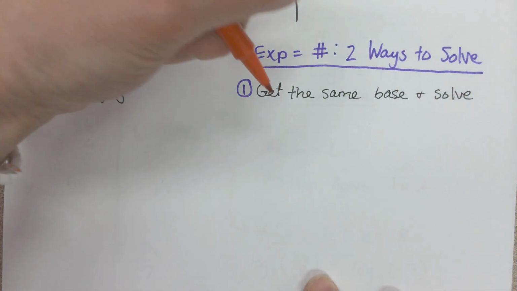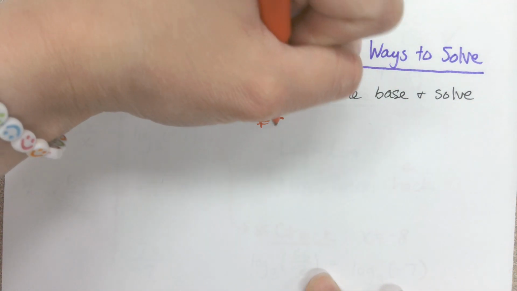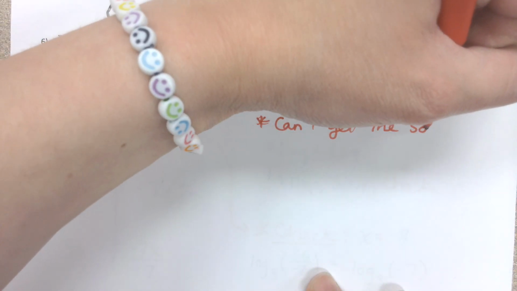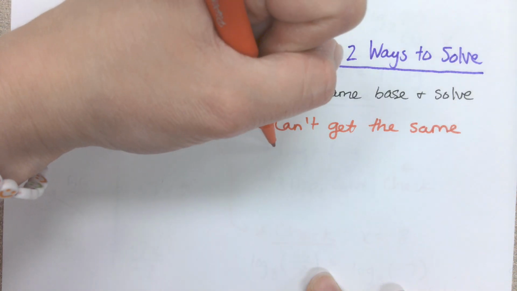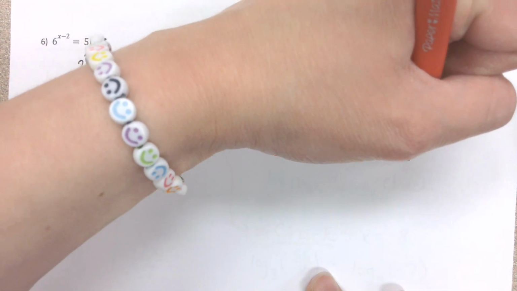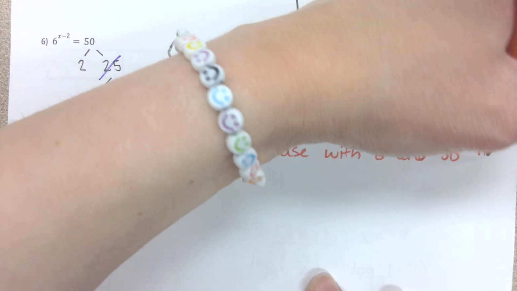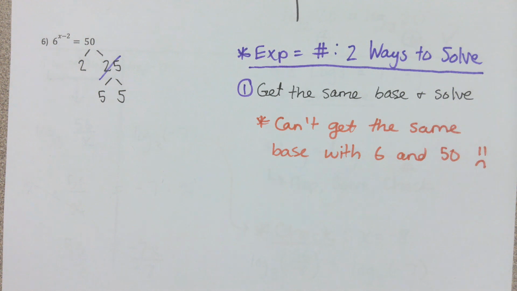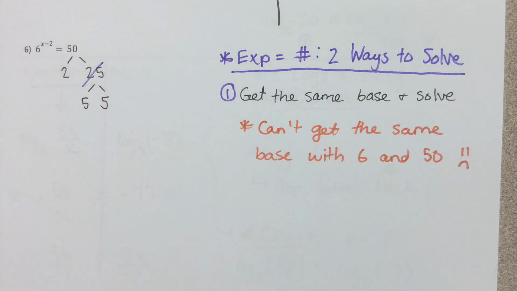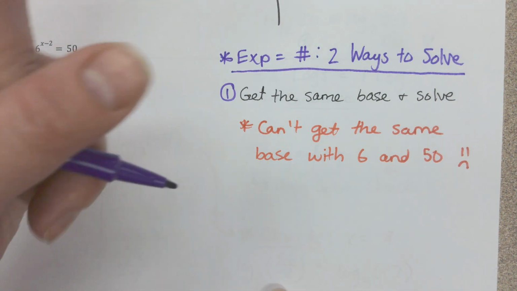So here is our current issue. Can't get the same base with 6 and 50. And before today, any problem I gave you, you could break it down. But going forward, that's not always going to be the case. So you'll have to default to method number 2.